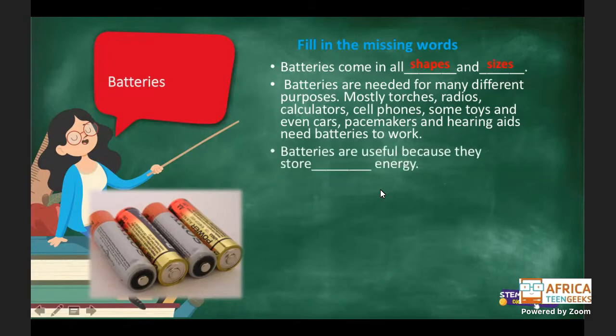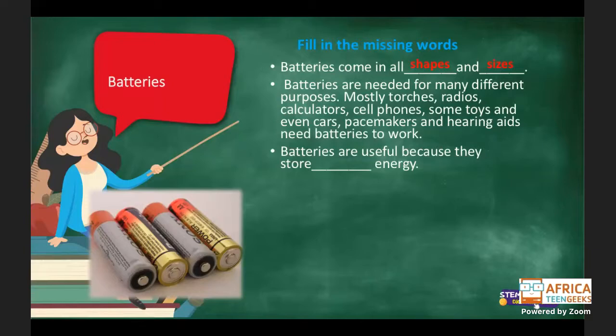Batteries are useful because they store energy. What do batteries store inside? Batteries are useful because they store what energy? Can you type in your chat box? I am waiting for your answers.